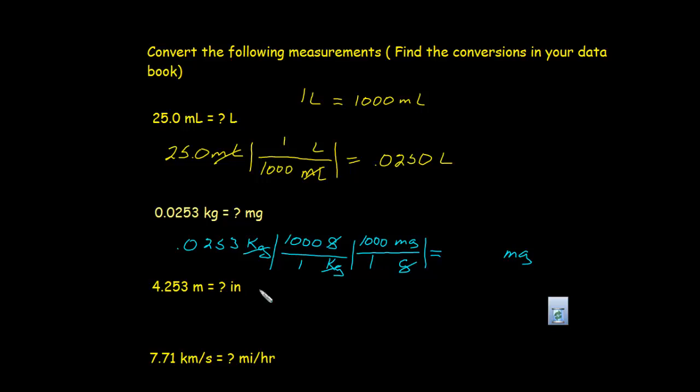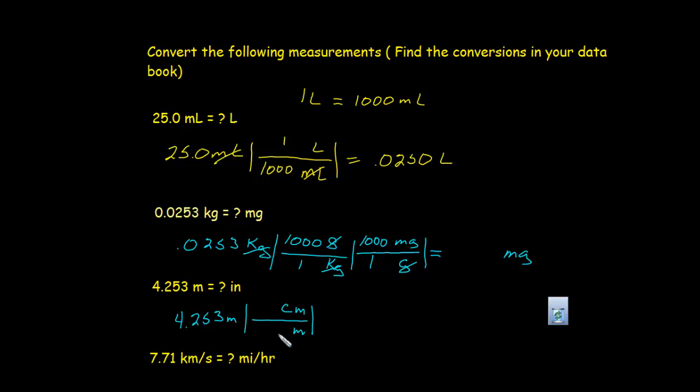Well, we have meters and we're going to inches. Again, this is a problem because I don't know a quick conversion to inches, but I do know that if I take it to centimeters, I can get to inches. So I start out with 4.253 meters. I want to get rid of meters, so meters on the bottom. Let's go to centimeters.